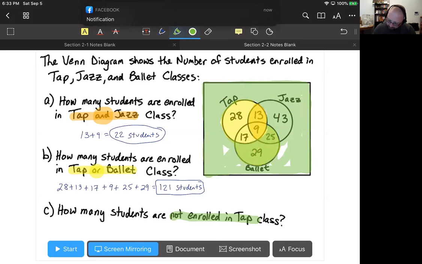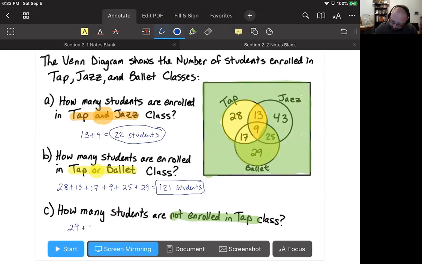That would be all of these people that are not within that tap circle. Those are the ones we would be adding up. So when we're adding those up, that is 29 plus 25 plus 43. And on occasion, there may even be some students listed that are not in any of them. In this case, there are none, so there's a 0 out there. And we add up those numbers, that would be 97 students. There are 97 students that are not enrolled in a tap class.